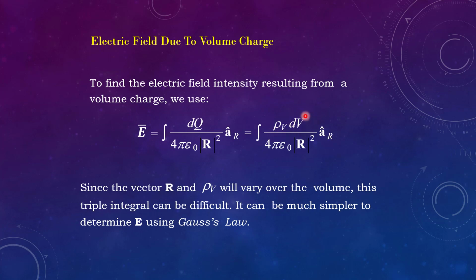If you put the value of rho v dv just like in the previous derivation and find the intensity, it is similar to the point charge equation. So finally the intensity due to volume charge will have a similar equation to point charge. And what is the equation for point charge? E is equal to Q divided by 4 pi epsilon naught r square into AR cap. That comes out to be the same. So this is rarely used.